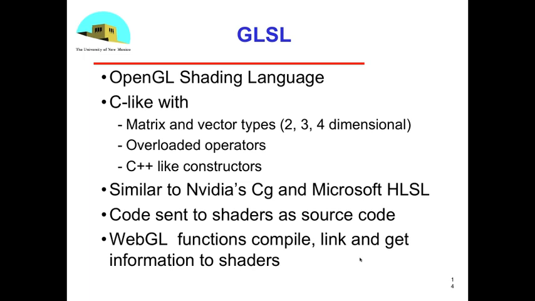It's compiled inside of the drivers, so there are WebGL functions to read in your shaders, compile the shaders, and link the shaders, and put everything together in what's called a program object, which would then have everything, all the information it needs to get the variables back and forth between shaders and the application. So we're going to have to talk about those functions. But in one sense, it's very simple, because you're going to write code that's readable and just send it on to your application, and it will hopefully compile.